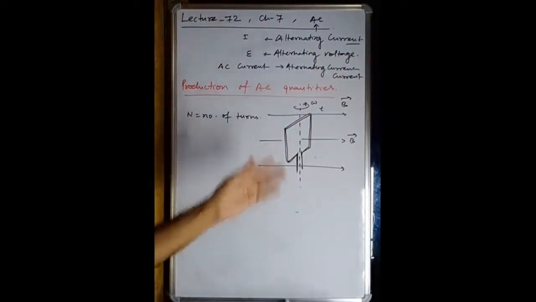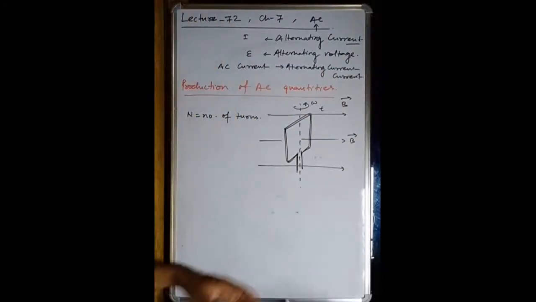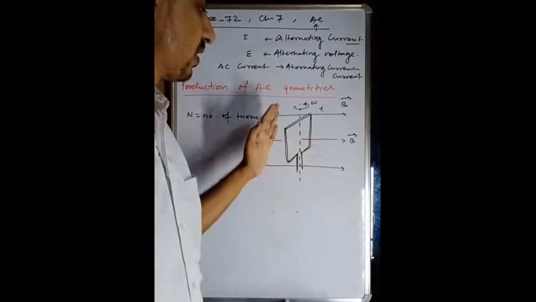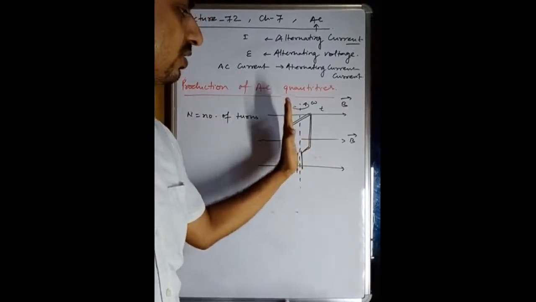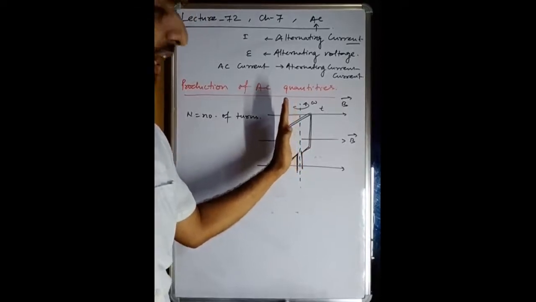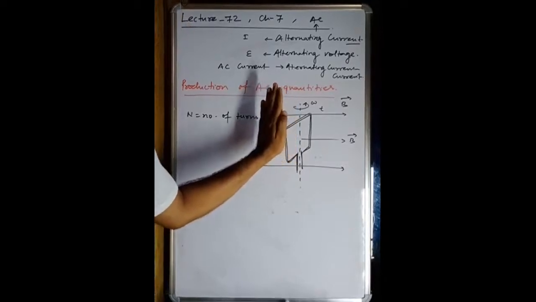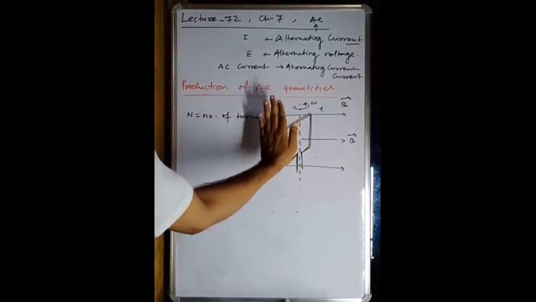The maximum flux you can consider. Remember, we are going to that chapter, electromagnetic induction. Going to recall, if this coil is in this condition, the maximum flux is trapped by this coil. As it moves this way, the flux decreases. And in this case, the flux will be zero.